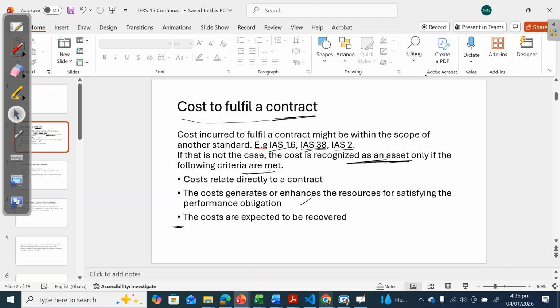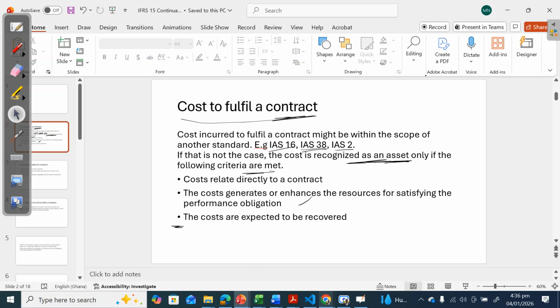So if you are contracted to build a road and you have used your money to purchase some materials and so on, that means you expect to recover the cost from the government or whoever contracted you. So we expect the cost to be recovered.